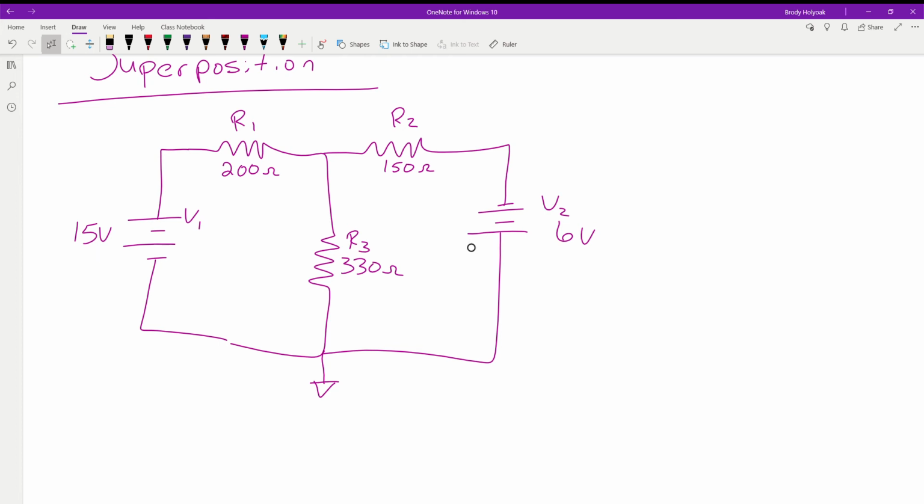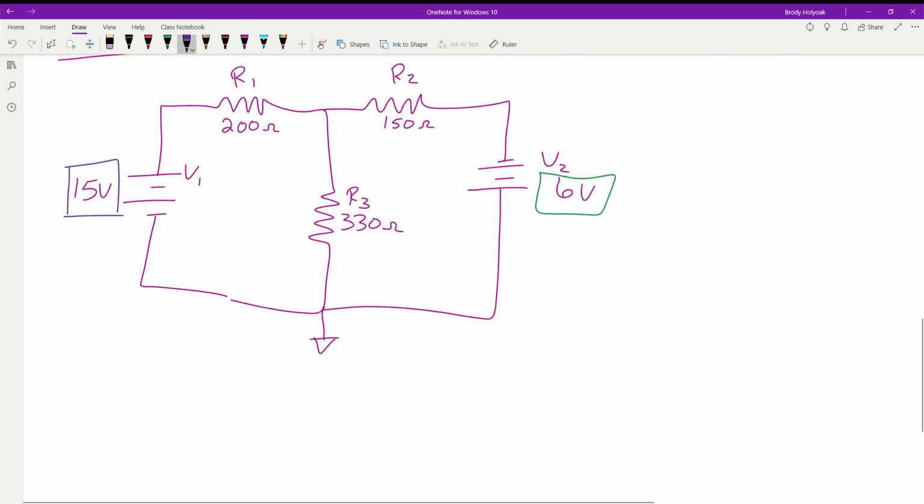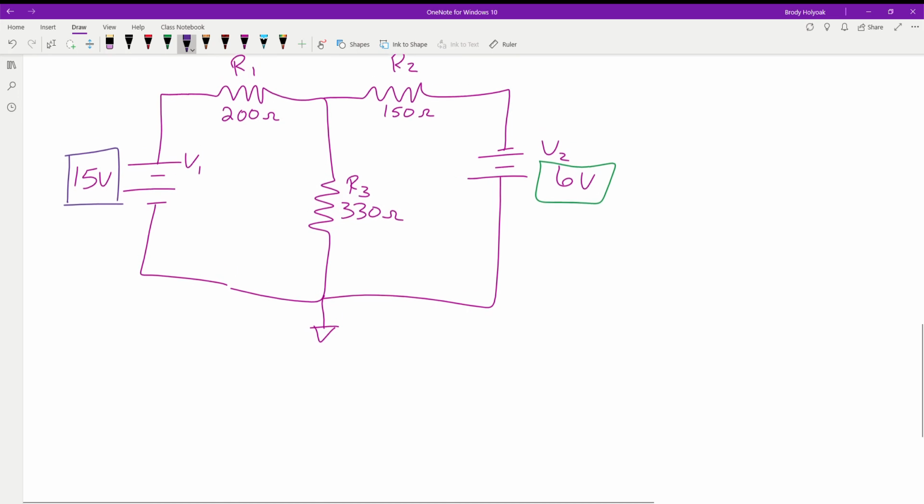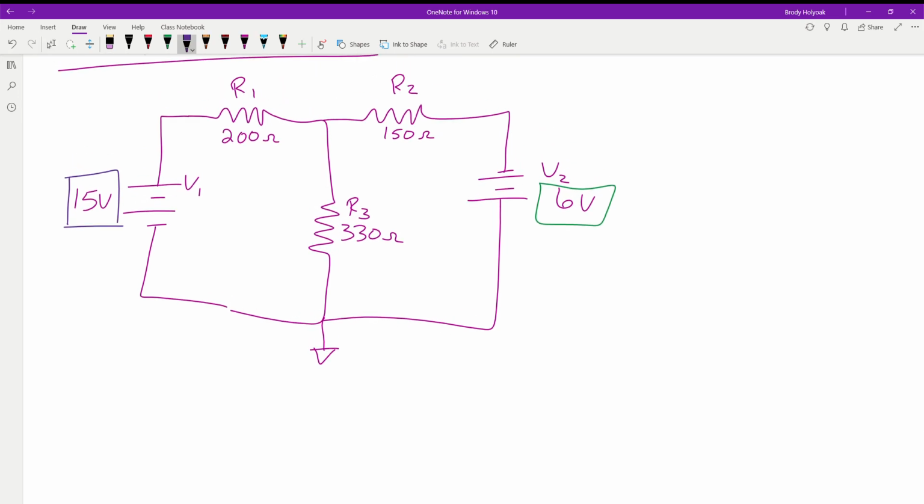So the first thing we want to look at is, what do these redraws look like? So I'm going to do this guy in purple, and I'll do this guy in green. The first thing we're going to do is short out all the other supplies except for the one we're working on.